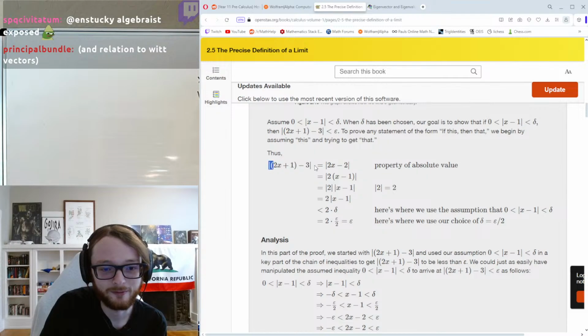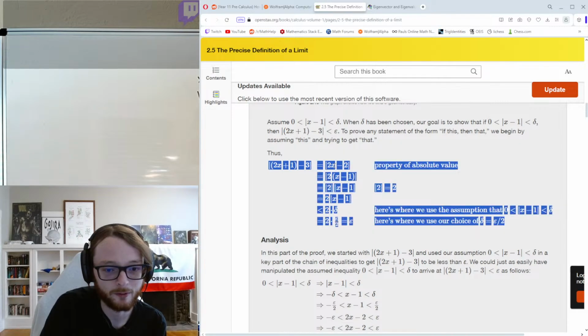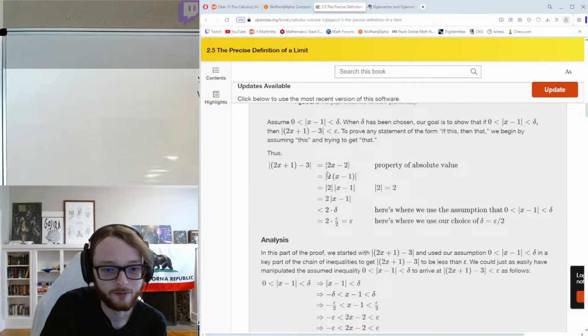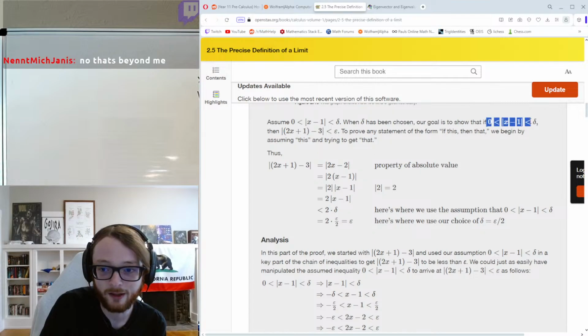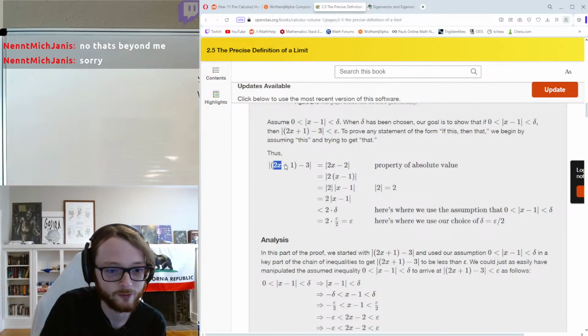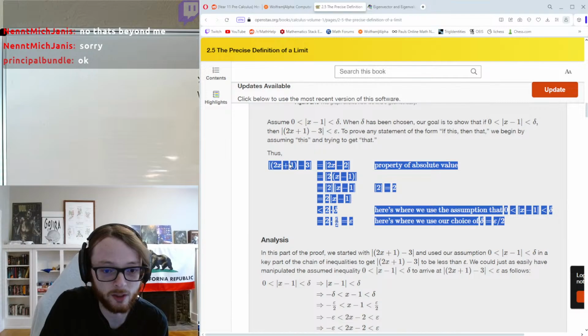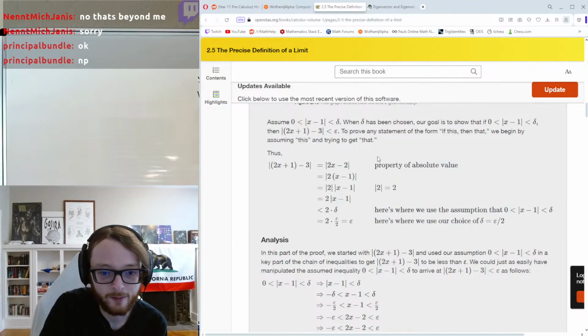So they're just starting in a vacuum with 2x plus 1 minus 3, and just doing some algebra or arithmetic with it. But they say if this, then that. You begin by assuming this and trying to get that. So when we say assuming this, I thought, well, maybe they are taking this and they'll use the assumption later, and they're just saying, hey, let's just think about this. That must be what's happening.